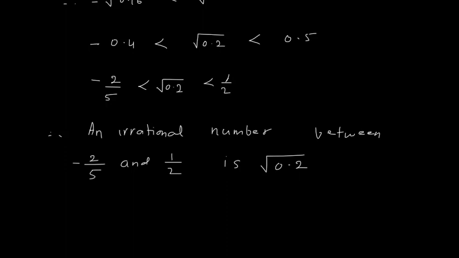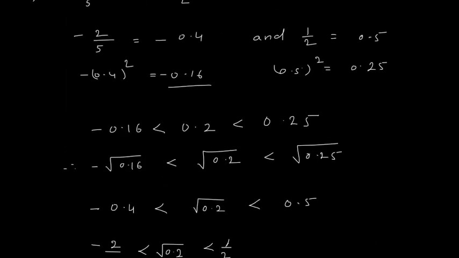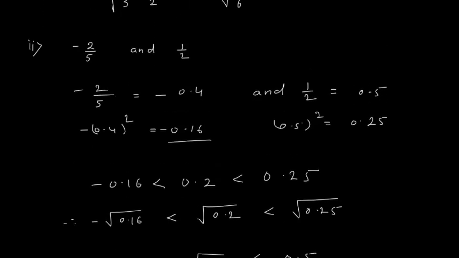There could be infinite irrational numbers between these two numbers. So you can write any irrational number which is lying between minus 2 by 5 and 1 by 2. Also one thing to keep in mind: I have converted this 2 divided by 5 into decimal form, but it is not necessary. Without converting this into decimal form also I can write an irrational number between these two numbers.